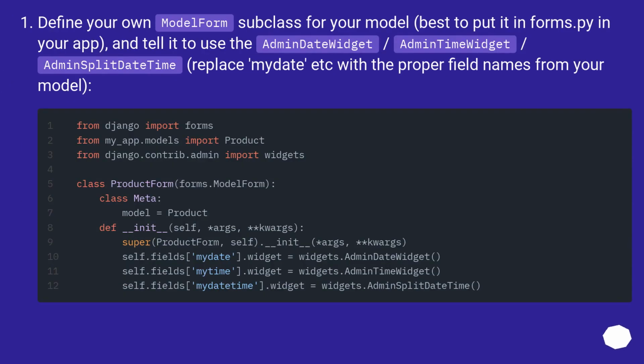Define your own model form subclass for your model, best to put it in forms.py in your app, and tell it to use the admin date widget, admin time widget, admin split datetime, replace the metadata etc. with the proper field names from your model.